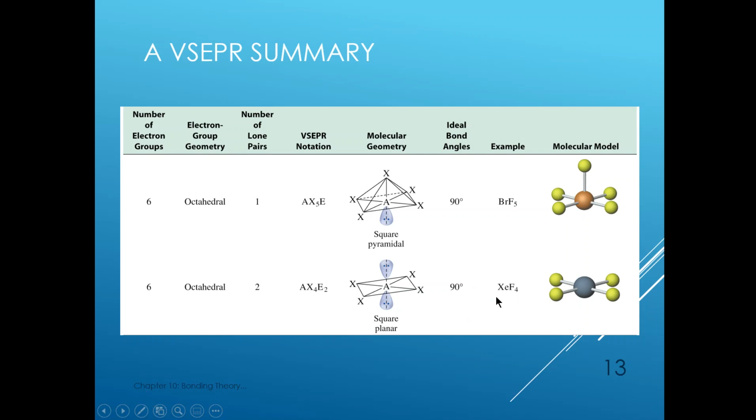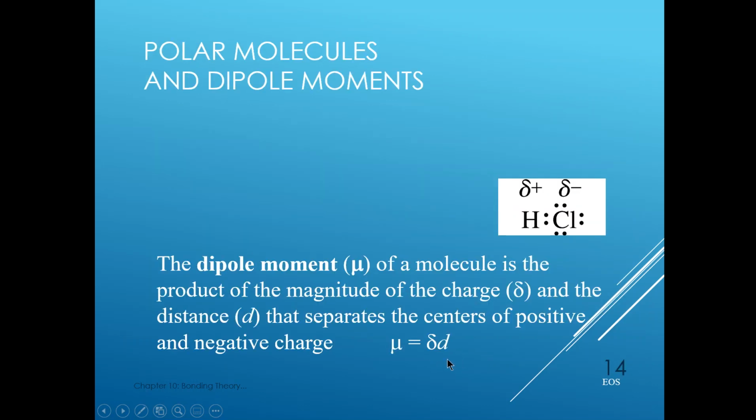Again, an example is shown here of the molecule that will adopt this shape, xenon tetrafluoride, and here would be the molecular model representation. So those are the examples, and those are the different shapes of molecules based on the number of lone pairs and electron groups around the central atom.